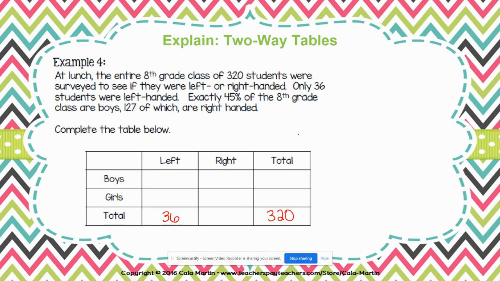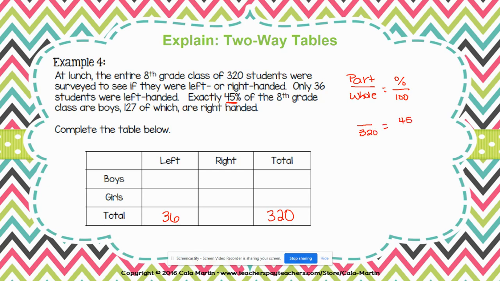Then it says exactly 45% of the 8th grade class are boys. Well, I need to know how many are boys. So I need to find out what is 45% of 320. Well, if you remember back to when we worked with percents, we always use our proportion: part over whole equals percent over 100. In this case, my whole is 320 students.